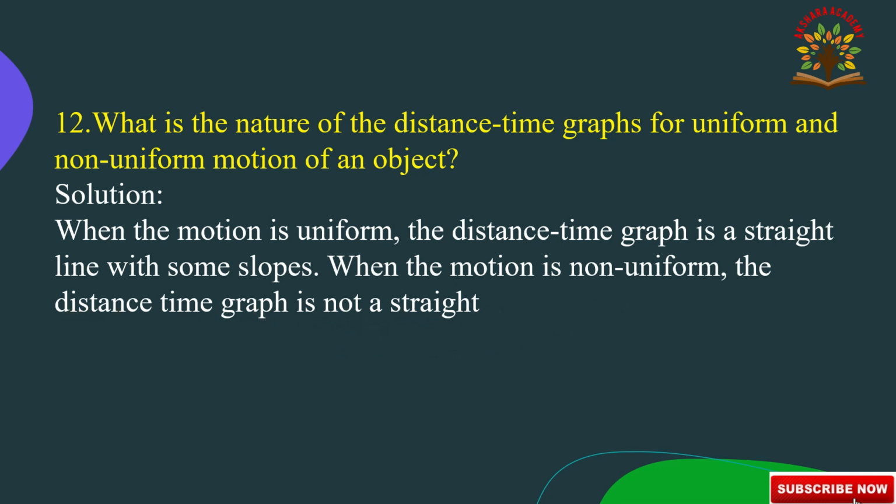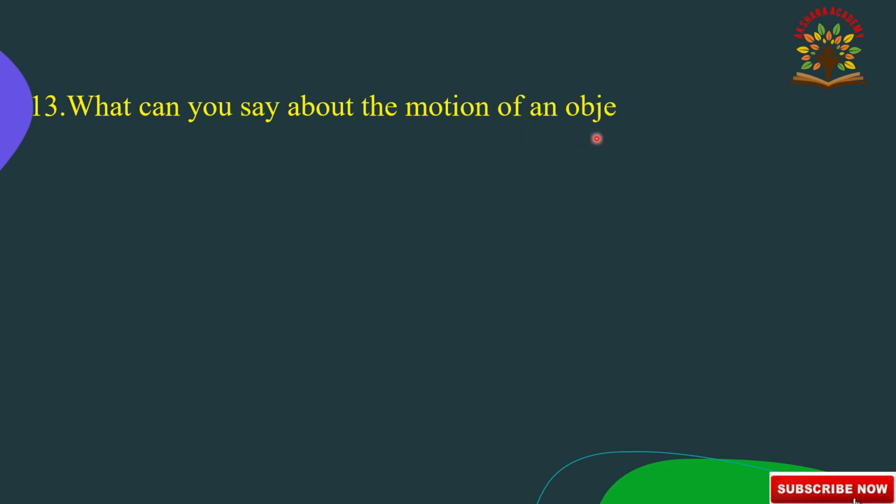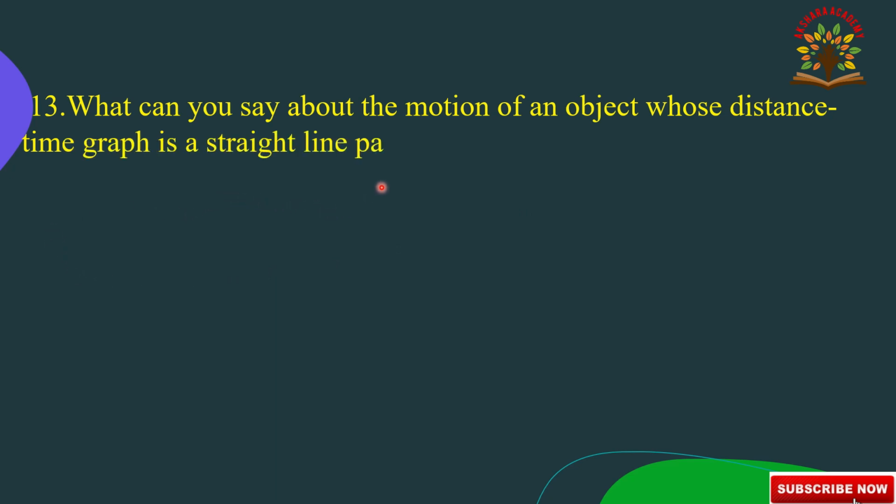Okay, next, go to the next question, that is question number 13. What can you say about the motion of an object whose distance time graph is a straight line parallel to the time axis? Solution.